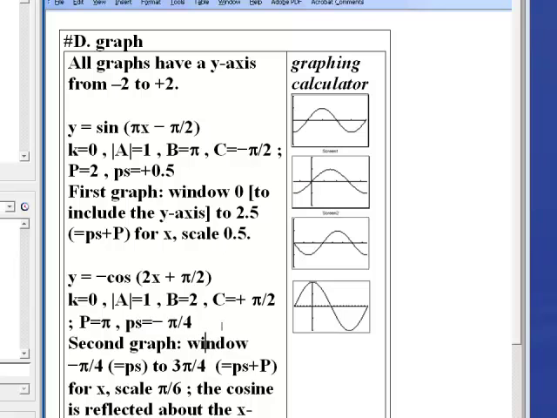And the window will go from that negative pi over 4 to the phase shift plus 1 period, so to 3 pi over 4. So let's do these two on the graphing calculator.